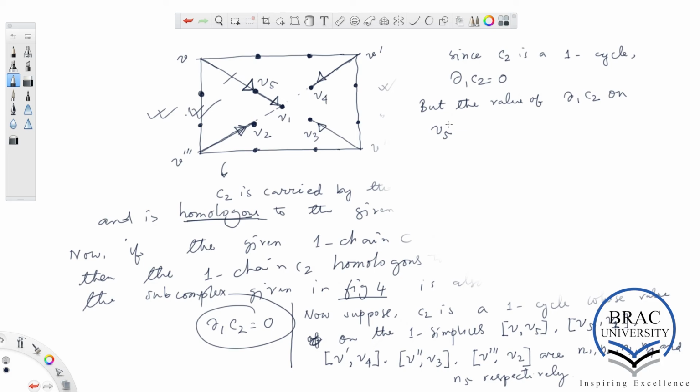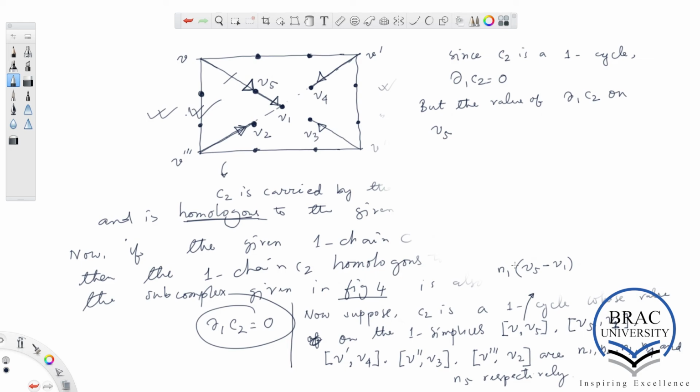So when you apply the boundary operator on these elementary chains, what do you get? So when del 1 acts here, you get v5 minus v1, and that is going to be multiplied with n1 here, right?